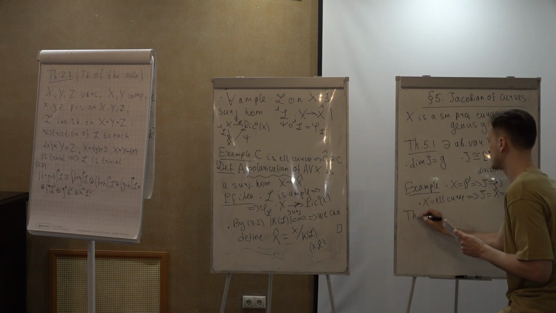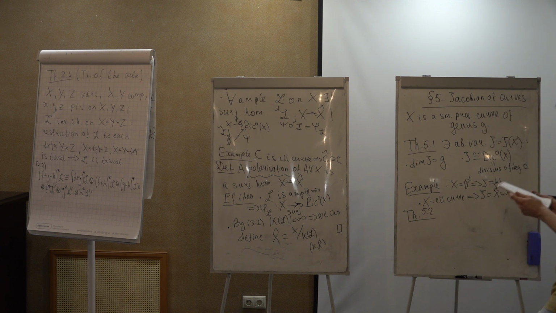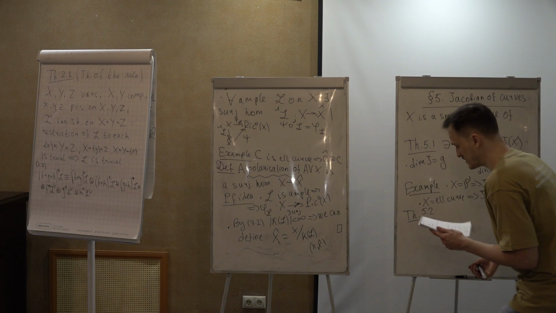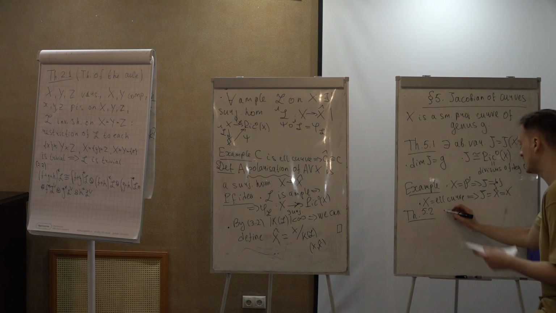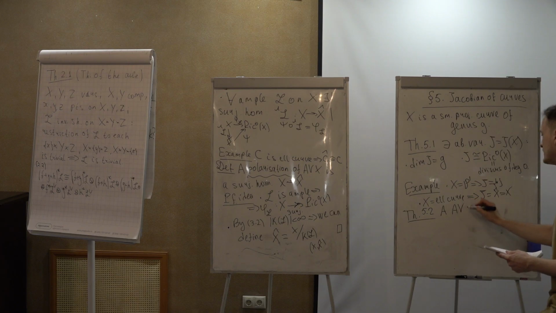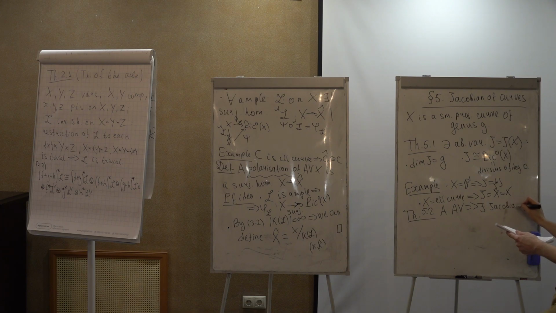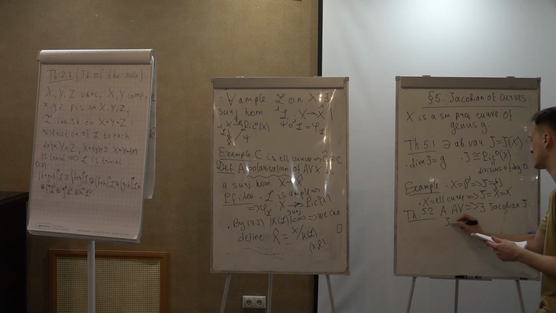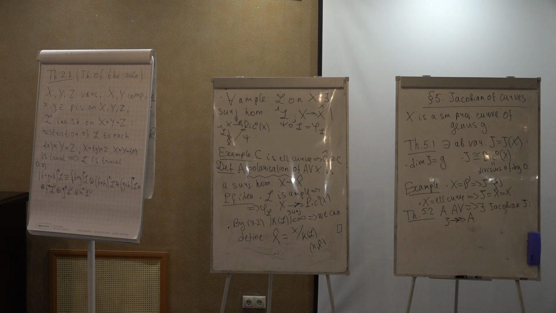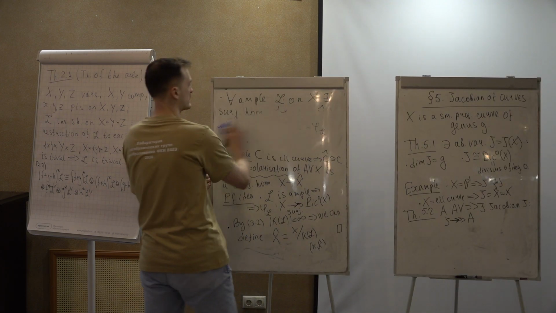So maybe just to mention some interesting stuff. We have this Jacobian, and the first question is: is every abelian variety a Jacobian? The answer is no, but if I have an abelian variety A, then there exists a Jacobian variety J such that it surjects onto A. So basically every abelian variety is a quotient of a Jacobian.